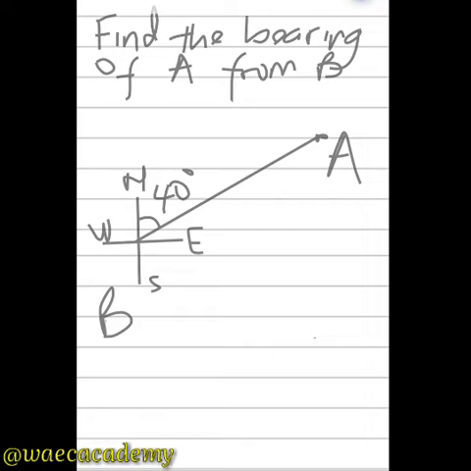It is always assumed that you are first of all facing the north direction. So you have to turn a particular amount of degrees to face the direction you are going towards.